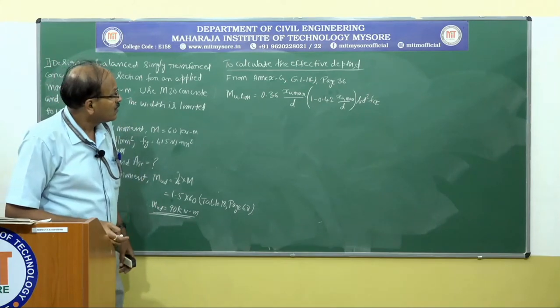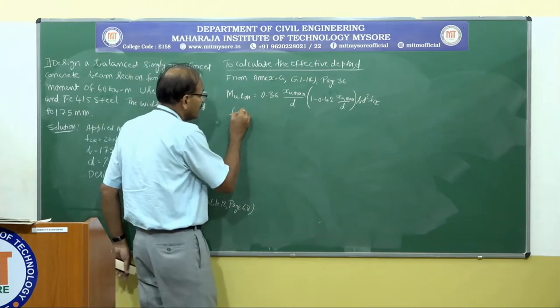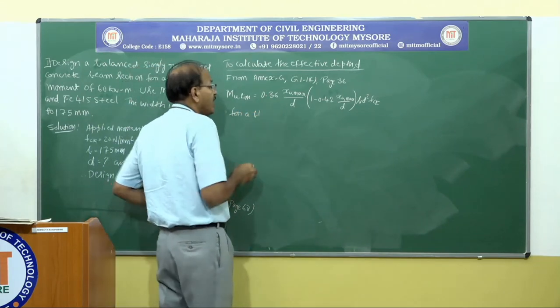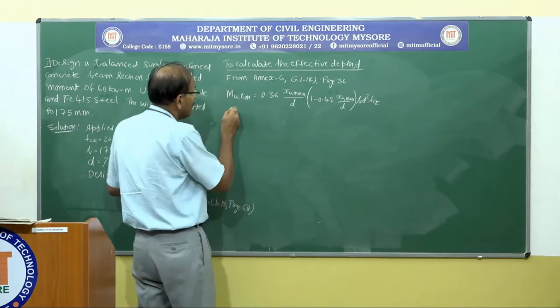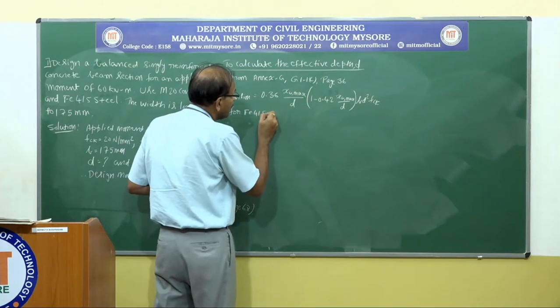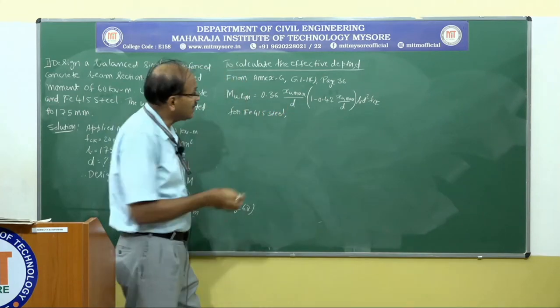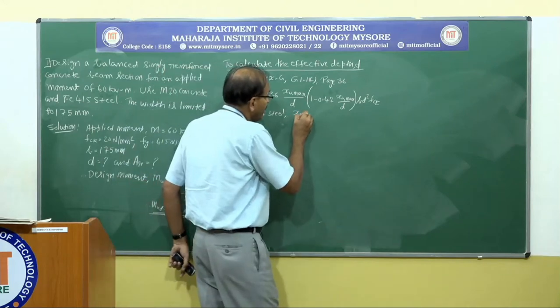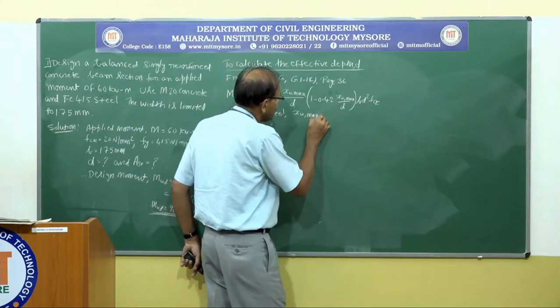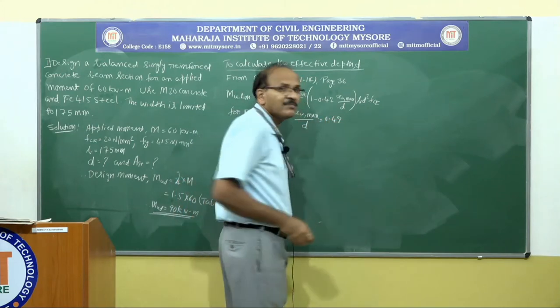Okay. So in this case, for a balanced section and for Fe 415 steel, xu max by d should be equal to 0.48.